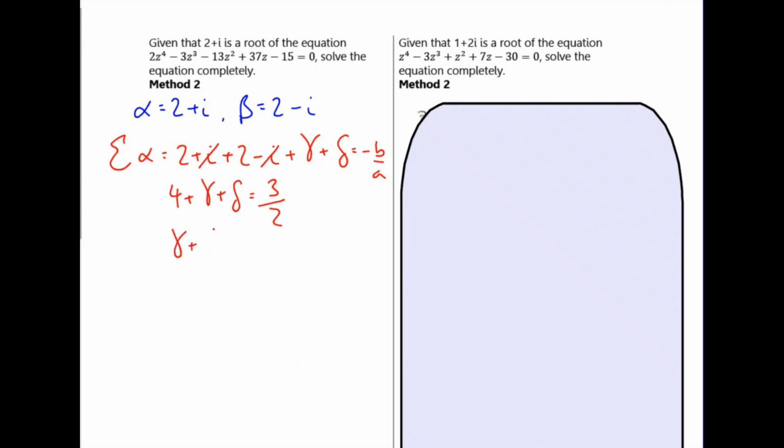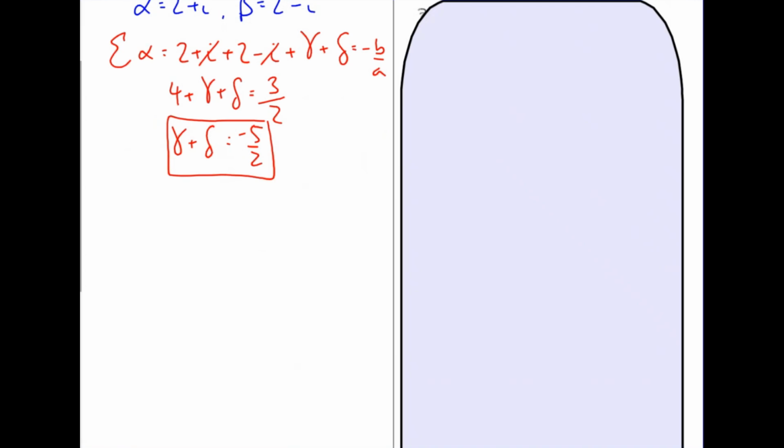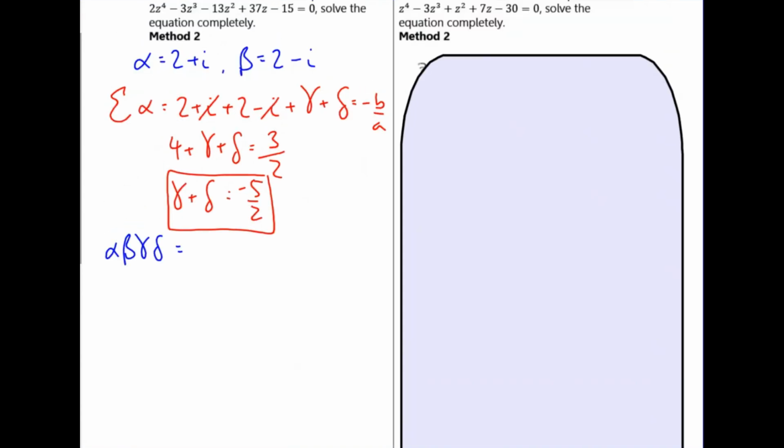And that gives me an equation for gamma and delta. Minus that 4 across to get minus 5 over 2. I can use one of my other bits of information. The easiest one to do, I think, is alpha, beta, gamma, delta. So the product of the roots, rather than doing multiples of the sums and product pairs and product triples and stuff. So the product of the roots is 2 plus i times 2 minus i times gamma times delta, and that is equal to e over a for a quartic.